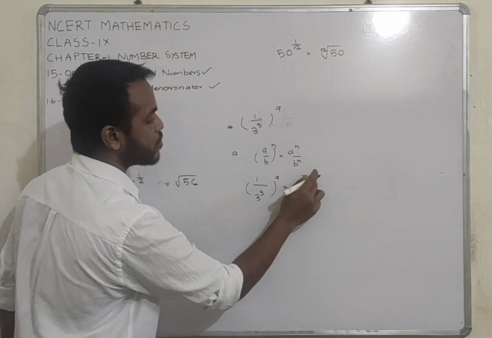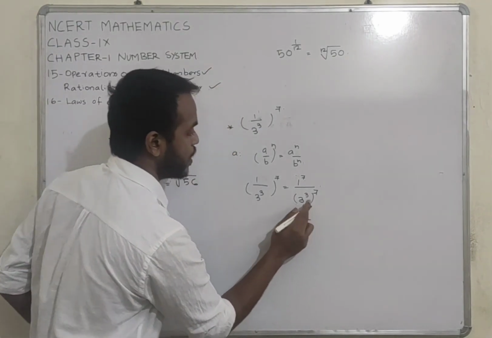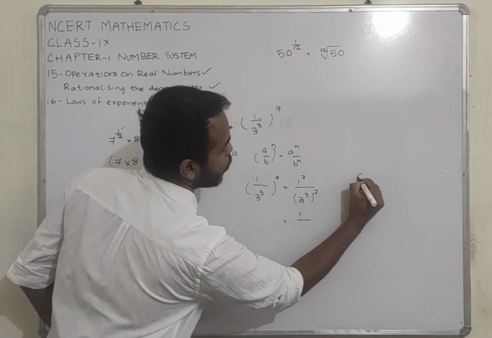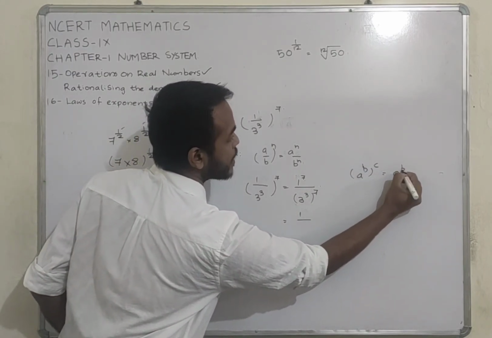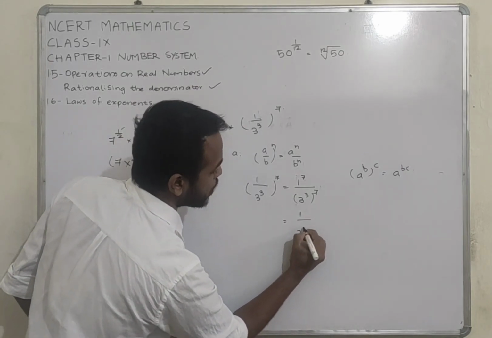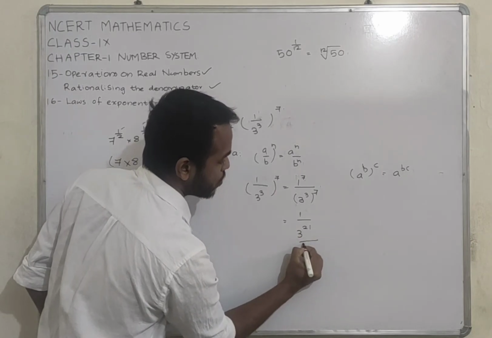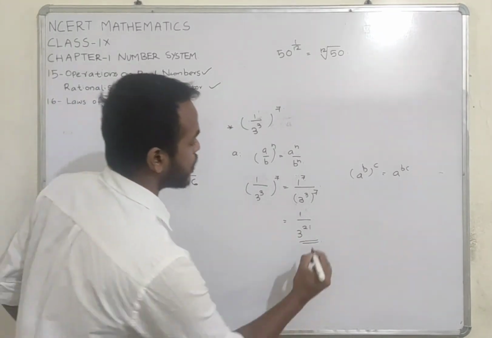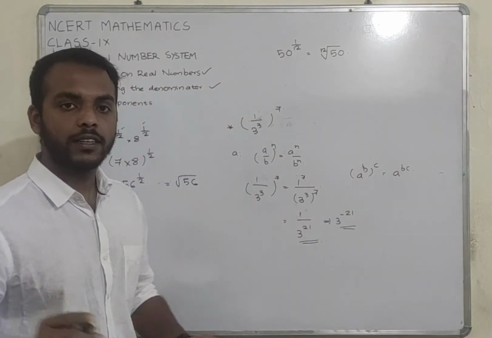And what is 1 raised to 7? 1 raised to any number is 1 itself. So 1 by, and this is of the form a raised to b whole raised to c. What is a raised to b whole raised to c? It is a raised to bc. So 1 by 3 raised to 3 into 7, that is 3 raised to 21. Or this can be written as 3 raised to minus 21. Both of them are correct.